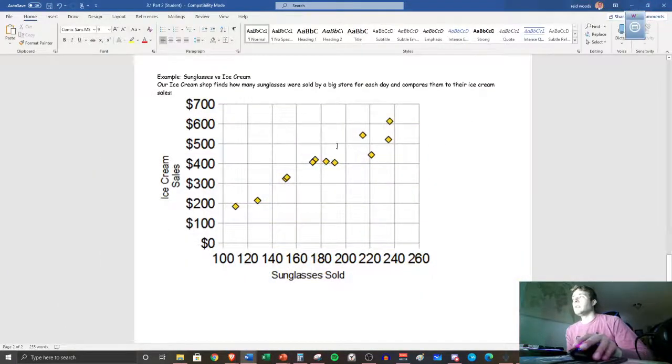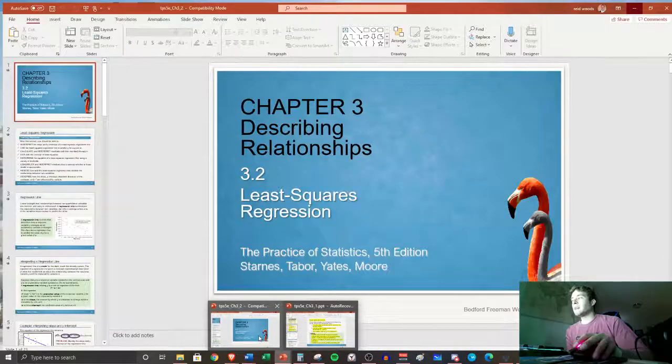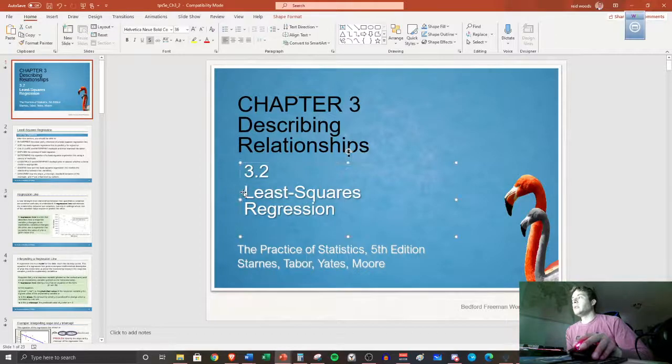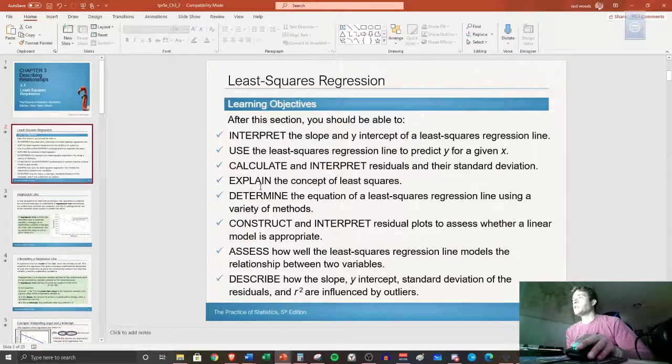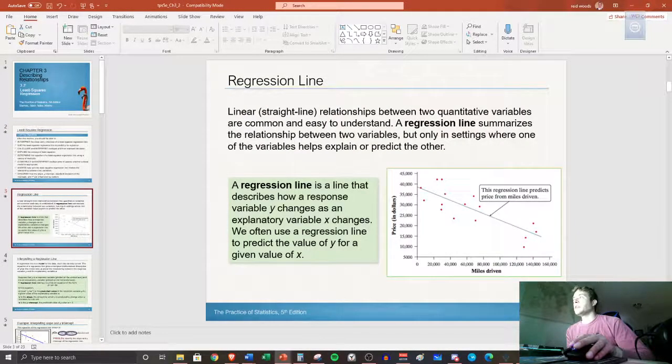Okay, so we're going to move on to the next couple of topics, which is what's called least squares regression. That's what we want to talk about right now. With a least squares regression, we are going to be making what's called the line of best fit. So in your notes, draw a line and write down this definition here.